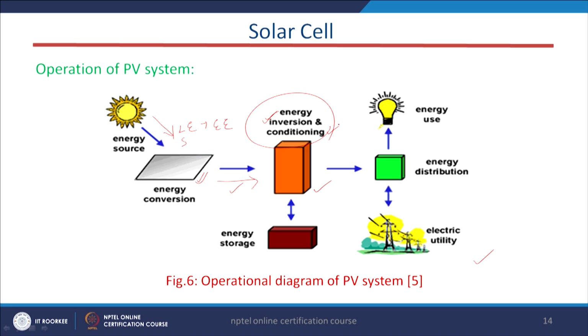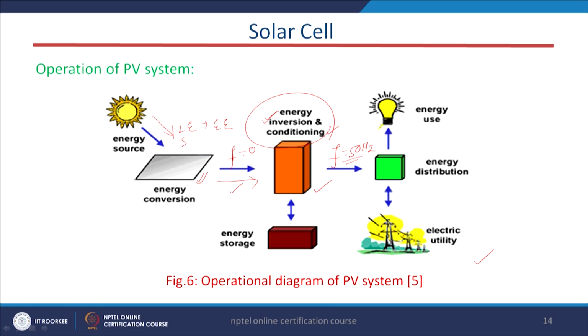Now, conditioning is also necessary, because DC has zero frequency, but here we have to match the frequency according to our requirement. Suppose in our grid we have 50 hertz frequency, as far as the AC system is concerned, and the loads also demand 50 hertz. So we have to assure that the frequency as well as the voltage of the grid are maintained properly. That is what we have to take care of.